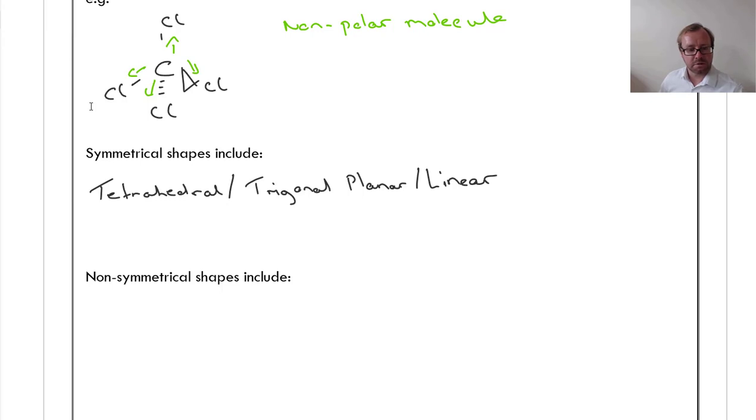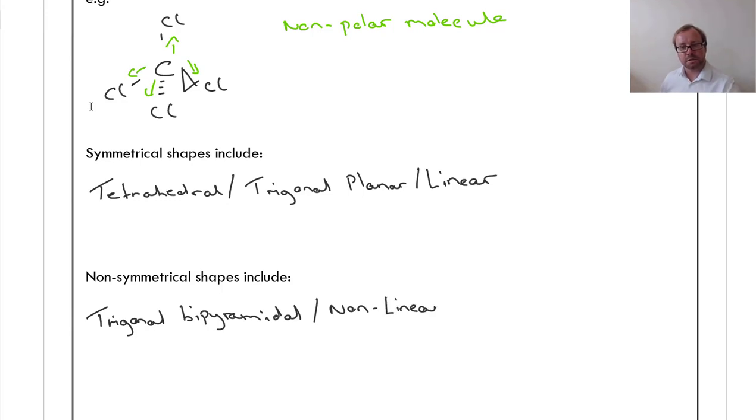And non-symmetrical shapes, if we're talking about distribution of charge, include trigonal pyramidal and non-linear. These are the main ones you're going to see.